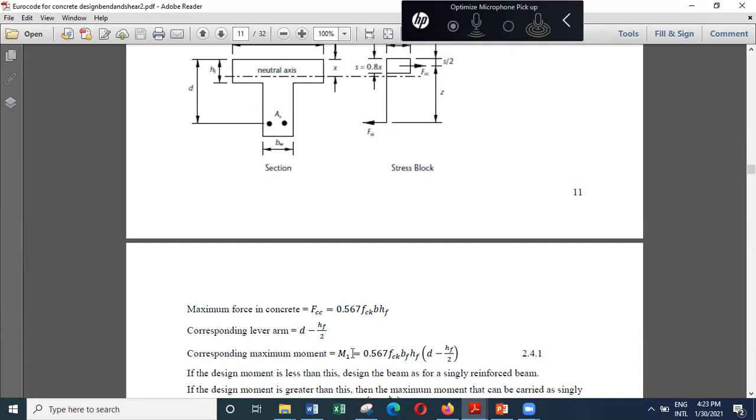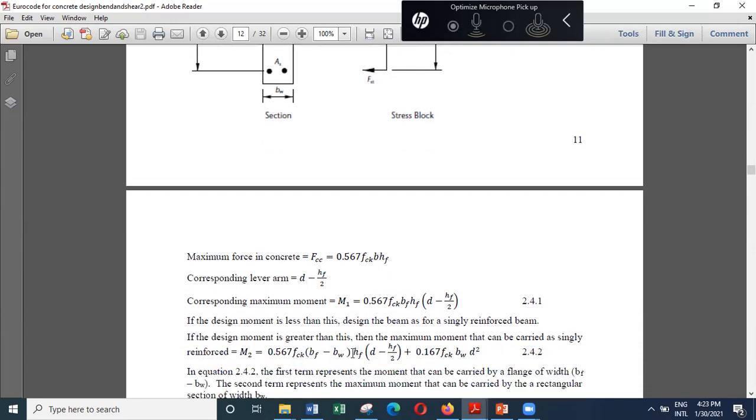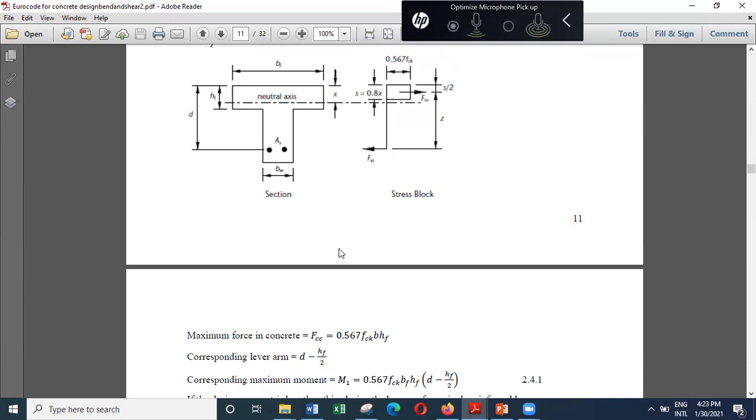And if the moment is greater than this, then what happens is the neutral axis can be somewhere here. And still it can be singly reinforced if xu over d ratio is less than 0.45.